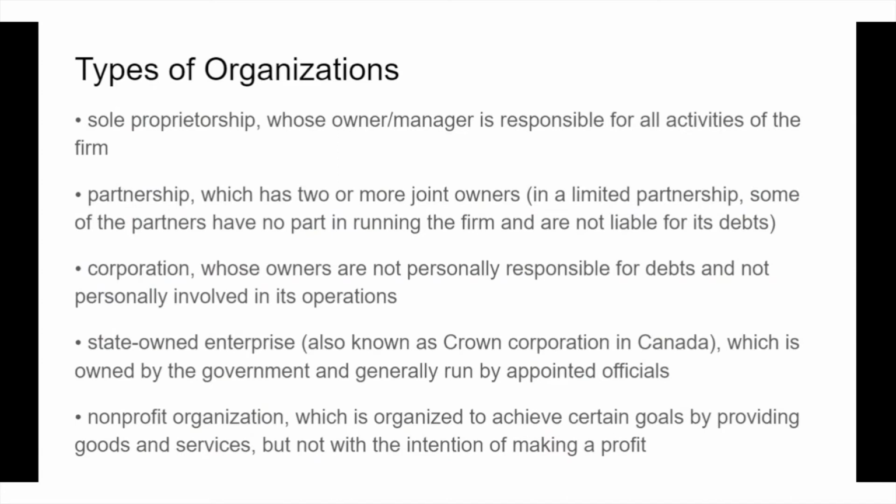State-owned enterprises, we call them crown corporations in Canada. That's government-owned, so it's owned by you and me. And generally, they're run no different than a corporation. But normally they serve some purpose. Like, for example, the CBC serves the purpose of the nation's broadcaster.